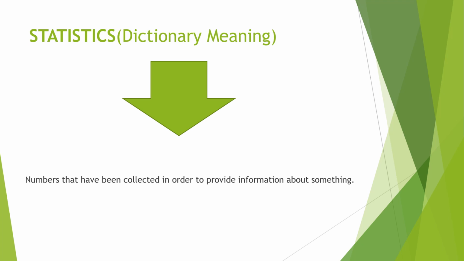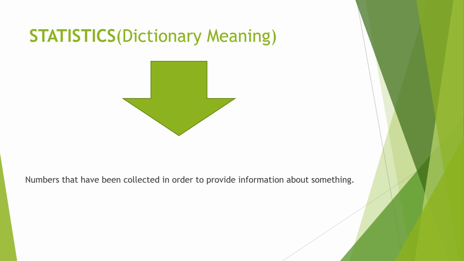So before moving ahead, let's understand the meaning of the term statistics. We were using this term again and again, and before moving ahead, let us understand what this term means.